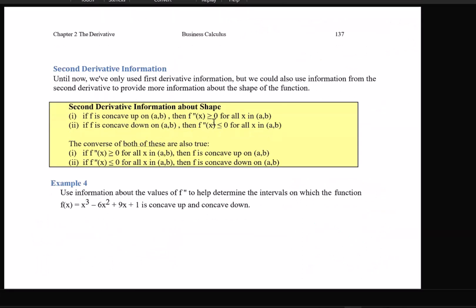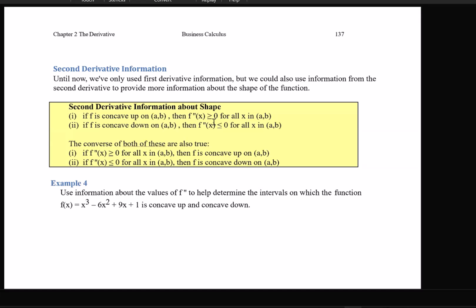Second derivative. So until now, we've only used the first derivative information, but we also get some information from the second derivative. And it gives us more information into the shape of the function.